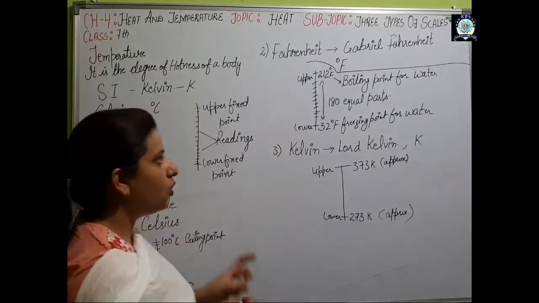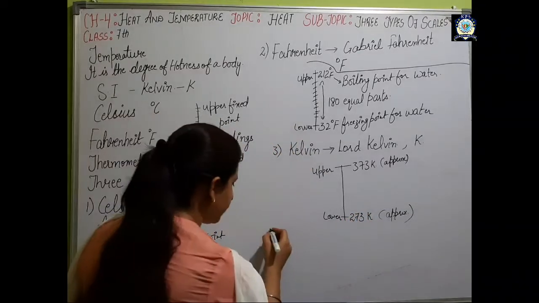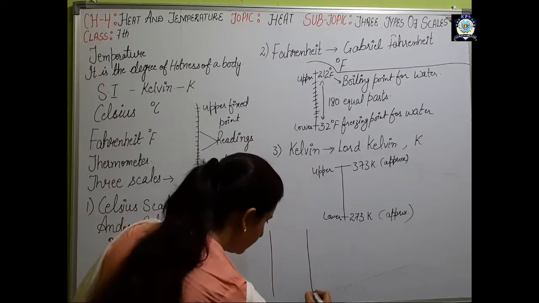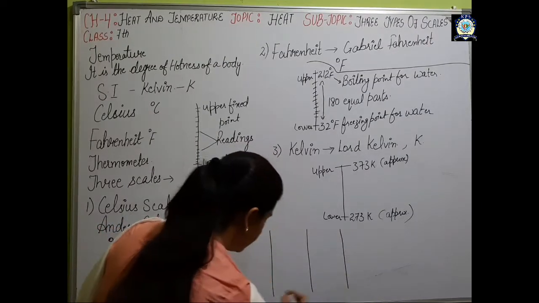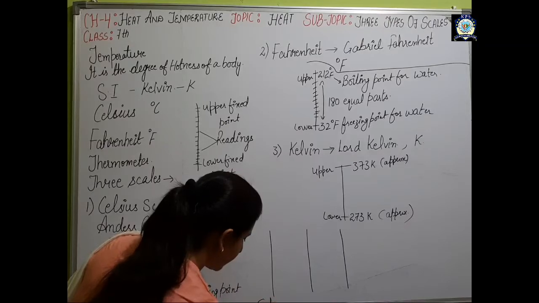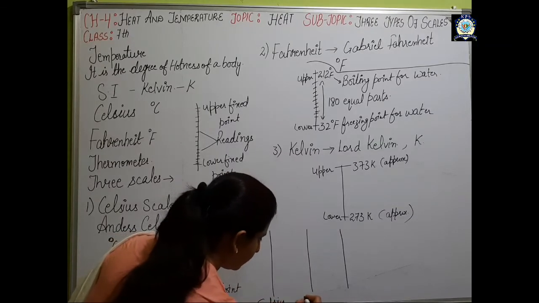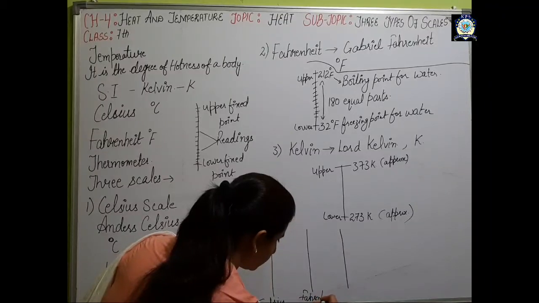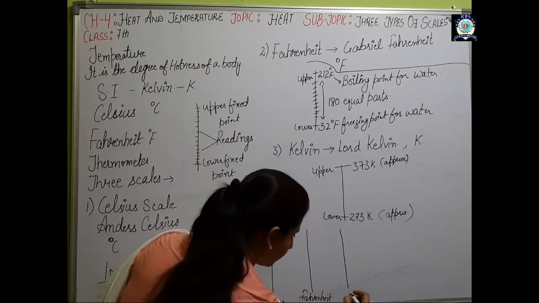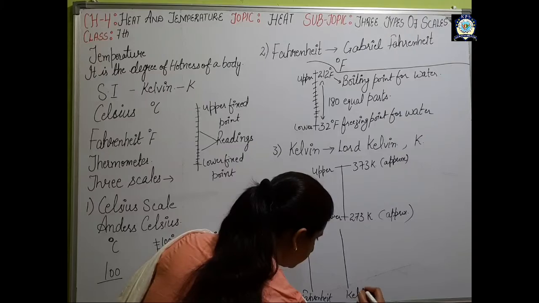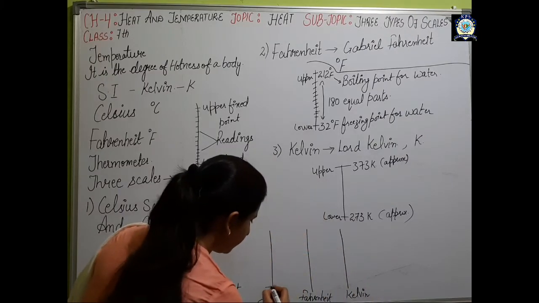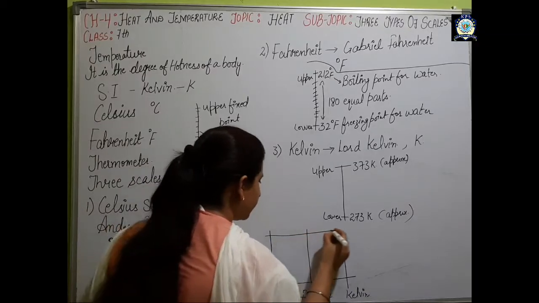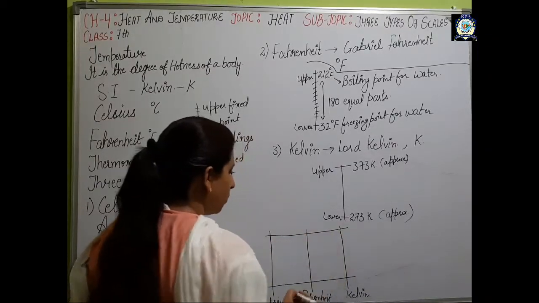So if I draw all the three scales, then it must have this kind of diagram. This is the Celsius scale, this is Fahrenheit, and this is Kelvin. This is the lower fixed point and this is the upper fixed point for all.